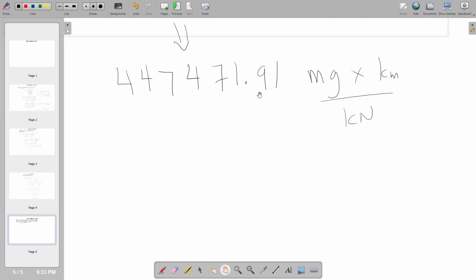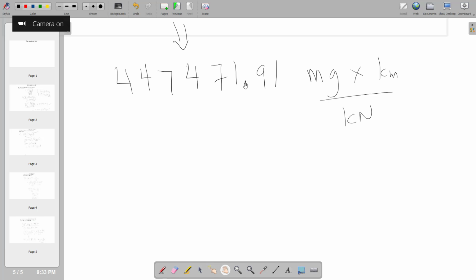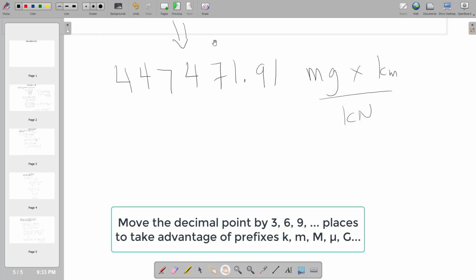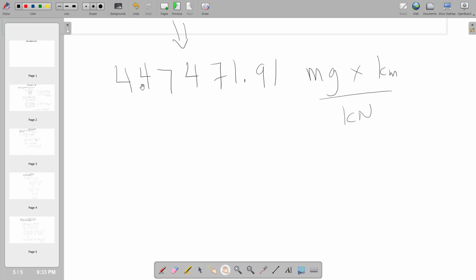So first, we know we are definitely going to have to present this in a better format. So we will move our decimal places an appropriate number of times. So we count 1, 2, 3, and then 1, 2, 3. Remember, it needs to be 3 or 6 or 9. So 1, 2, 3, and then 1, 2, 3. I think we're going to use 0.447.